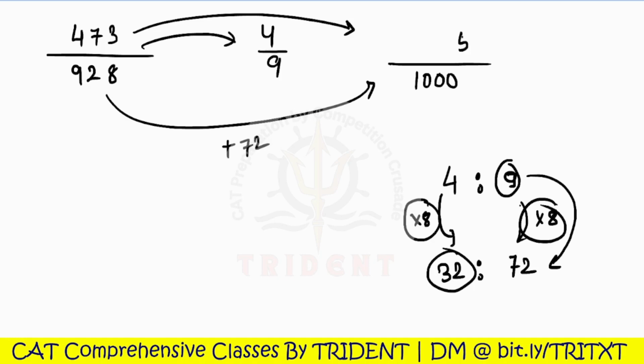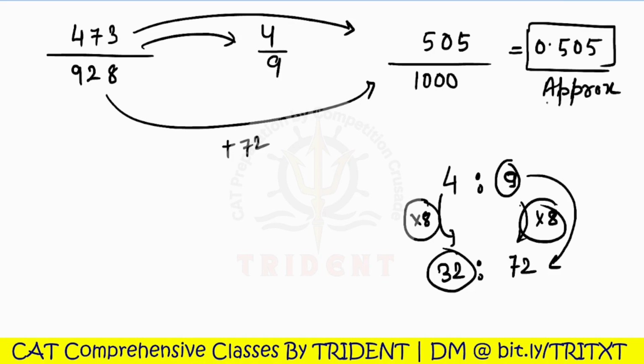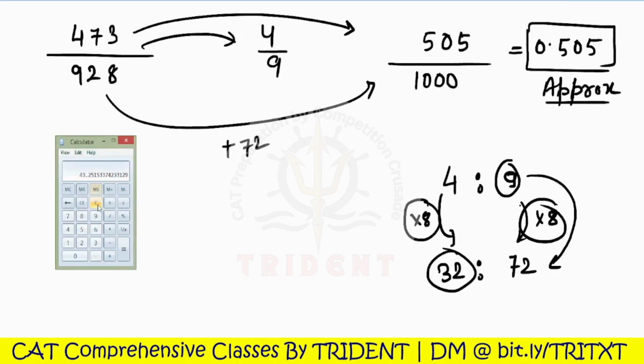So this becomes 505, and 0.505. So this becomes 0.505. Now this is my approx value. Let's check the actual value. That is 473 divided by 928.